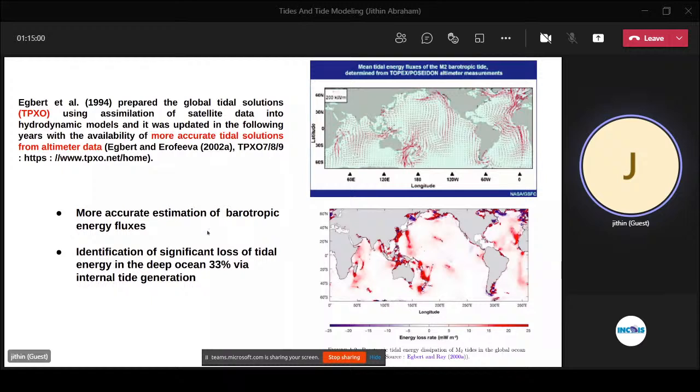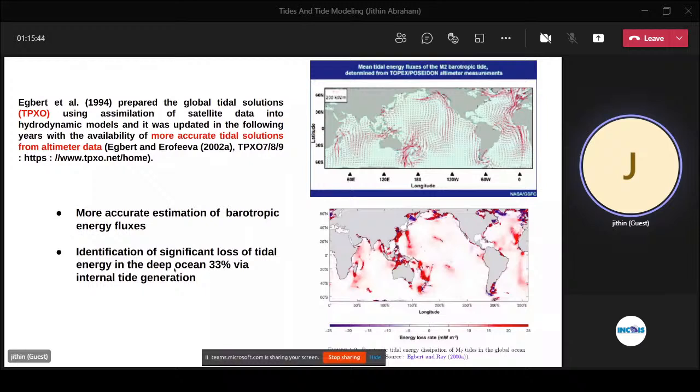This is the mean tidal energy flux from the M2 barotropic tide determined from Topex/Poseidon altimeter, and we can see strong tidal energy flux through the narrow channels in the Indonesian area and the area between Australia and New Zealand. Based on this data, the tidal energy fluxes were estimated, and it was more accurate compared to other estimates at that time.